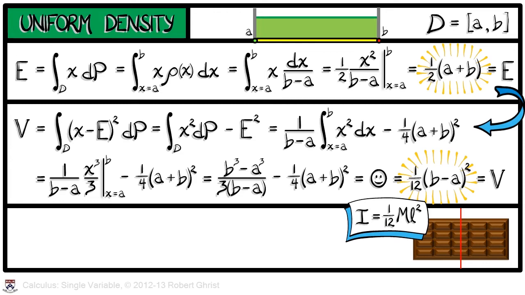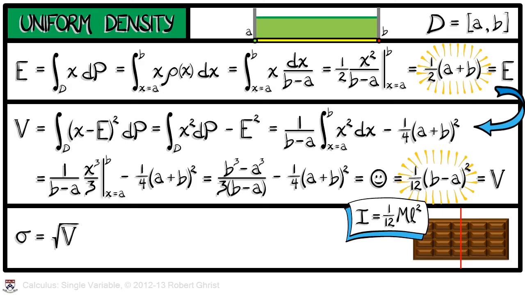Recall that for a rectangle, we have the moment of inertia as 1/12 m, the mass, times L squared. In the probabilistic context, the mass is 1, and this length is b minus a. So I'm confident that we got this one right.